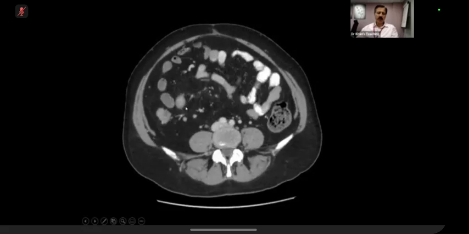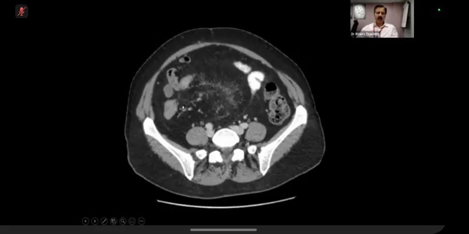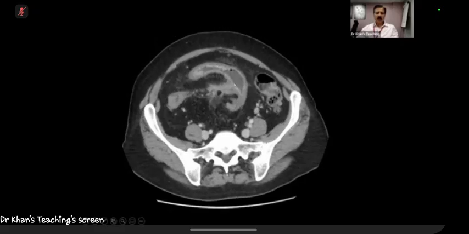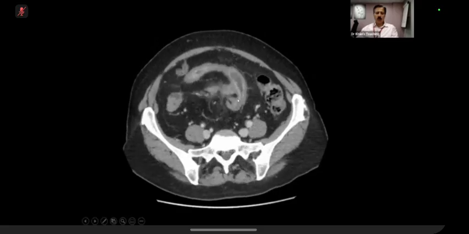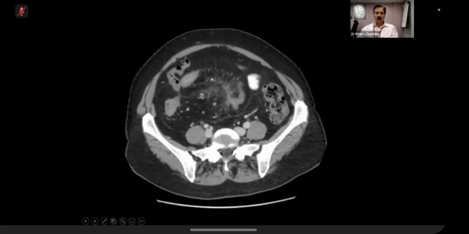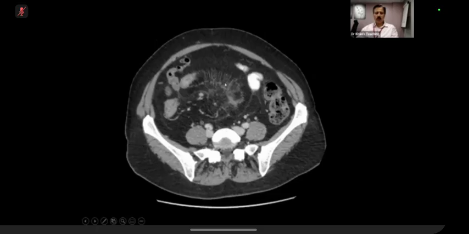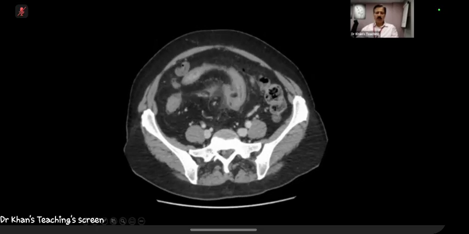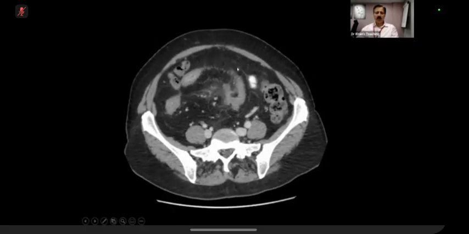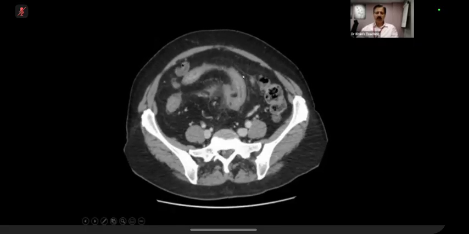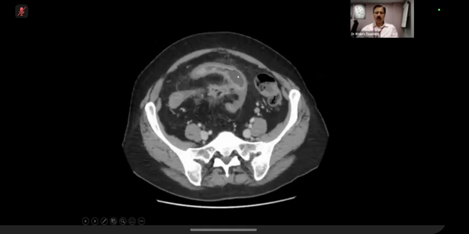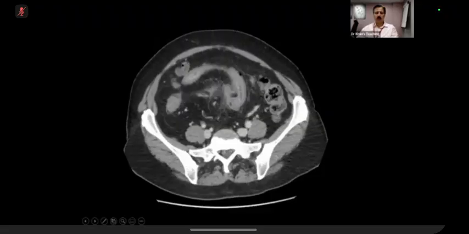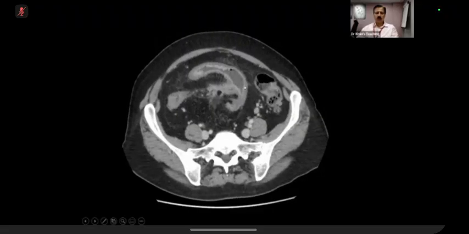You can see a bit of thickening, and then you can see this acutely inflamed loop of ileum, and you can see this Comb sign. We call it the Comb sign, where the vasa recta are enhancing, and the fat around them is mesenteric fat, which is around this loop. They say that it is pathognomonic for Crohn's disease. There is no differential diagnosis. Another thing which is visible.